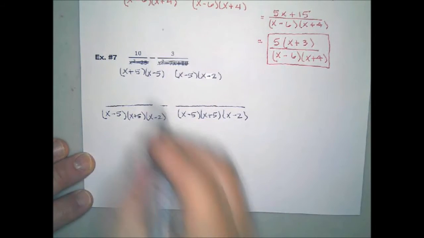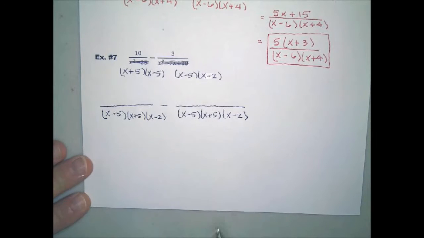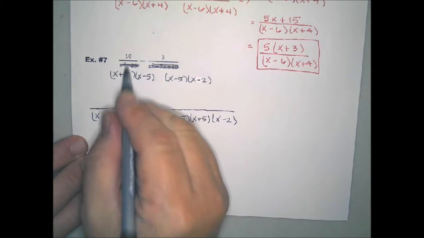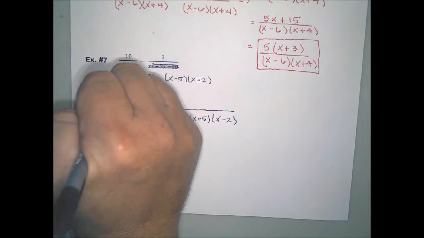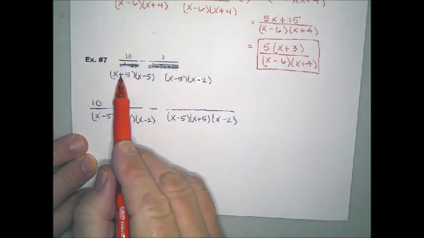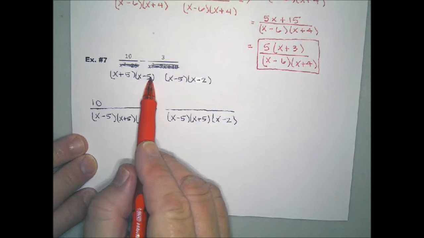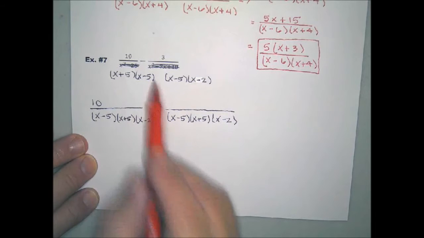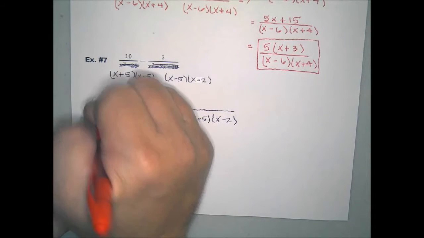Everybody has to contribute something to the common denominator. Now, this numerator was 10. And if you look at what this denominator already had, the only thing that the first fraction needed was to pick up the x minus 2.